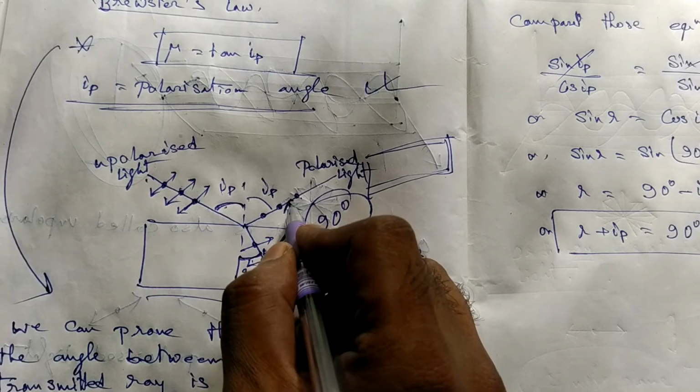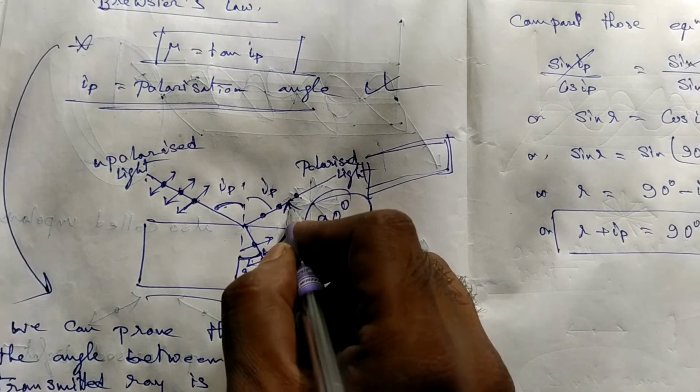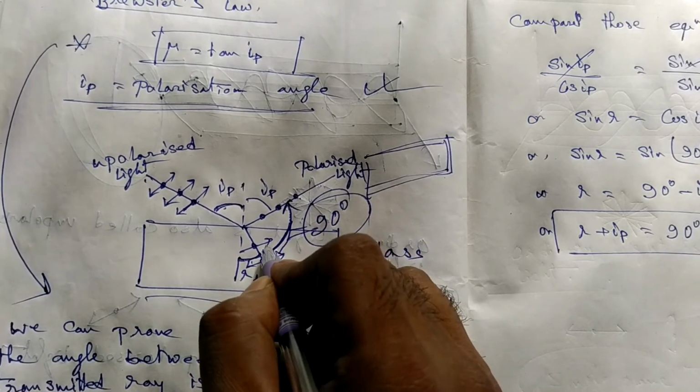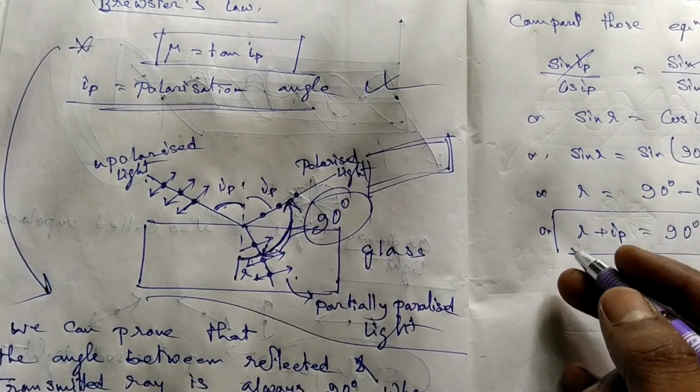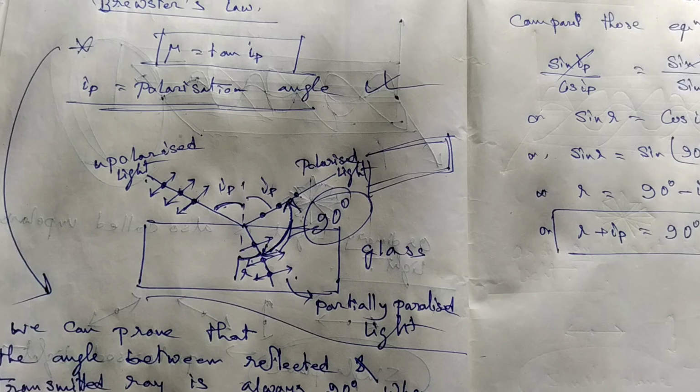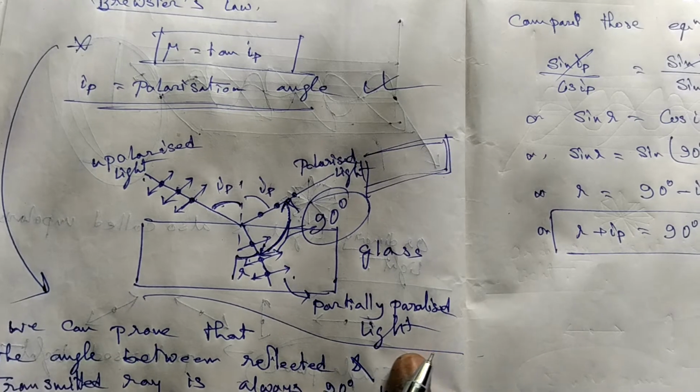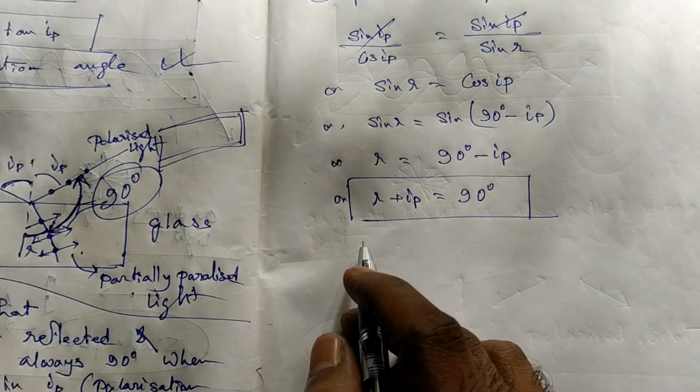That means if you geometrically think about this angle, this also becomes 90 degree, and this explains the whole thing. Okay, so this is the proof of the Brewster law.